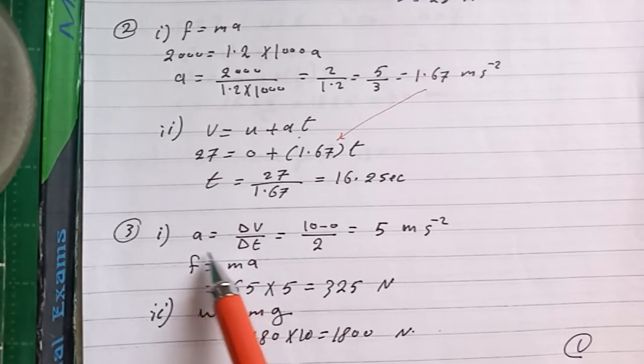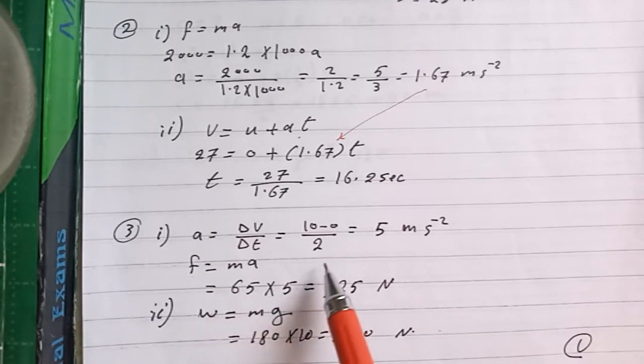And then we can use F equals ma using the second law. The mass is 65 kilograms times the acceleration, which is 5. So the force required is 325 Newtons. That is the first part of the question. Second part, compare this to the force exerted by a weightlifter holding a mass of 180 kg above the ground.